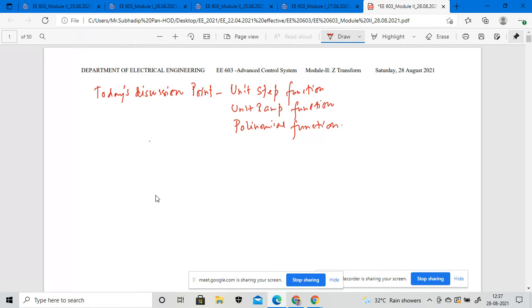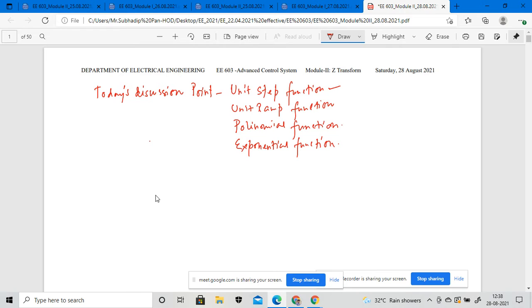If time permits, then we will discuss the exponential function. So these are the things we will discuss. In the previous lecture, we discussed a little bit about the unit step function.